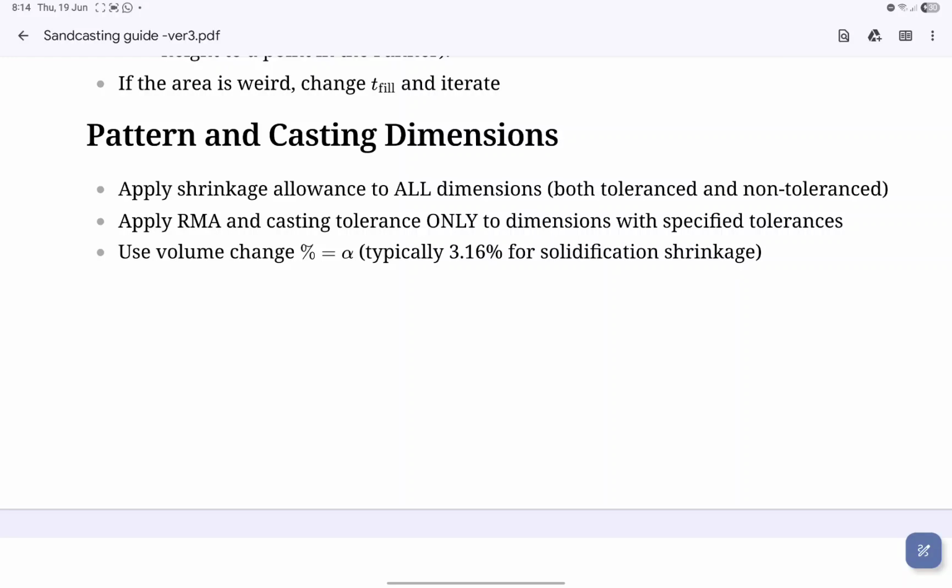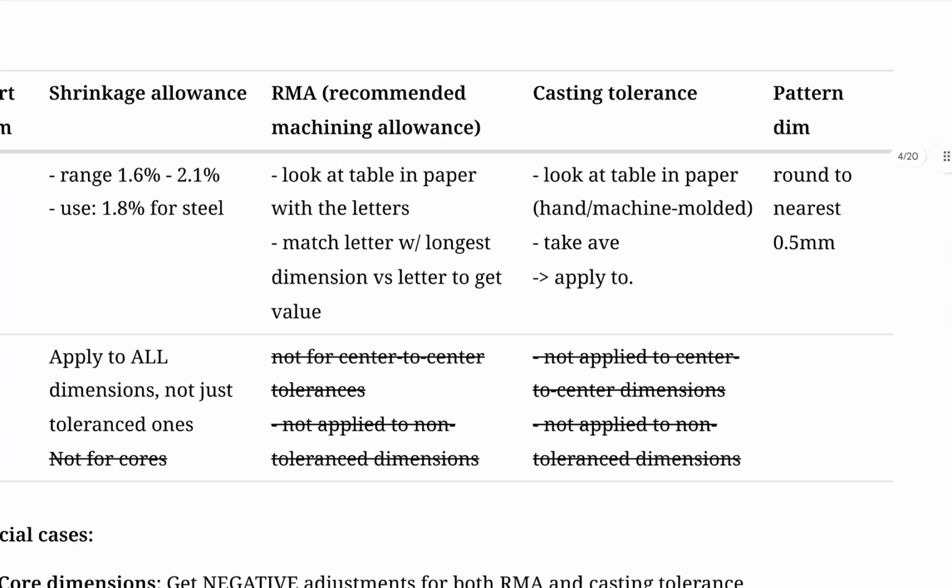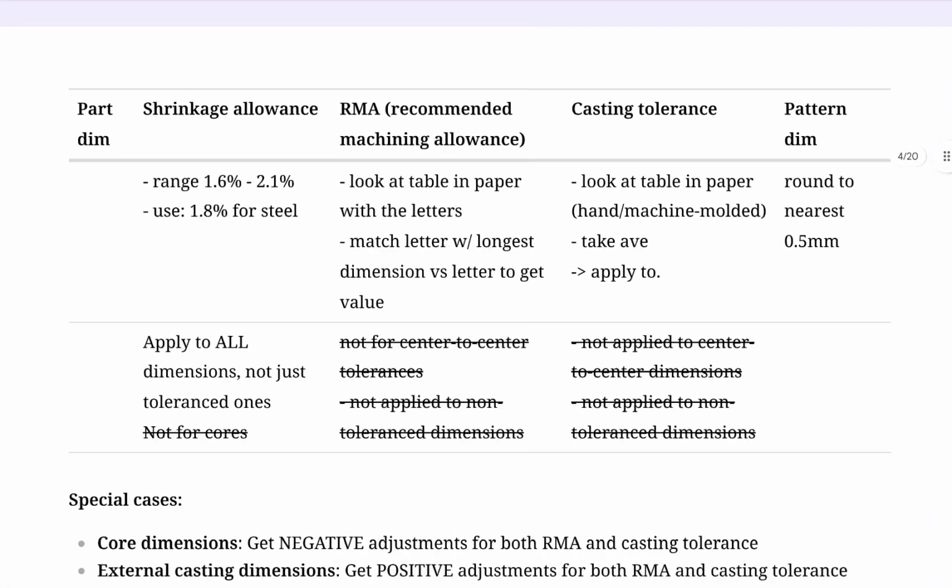We have different types of allowances that I've listed here in the table. We have shrinkage allowance, recommended machining allowance, and casting tolerance. This is the general table that you should draw in the exam. There is not a section in the textbook that has these things, so a lot of this you must try to practice or memorize the table.